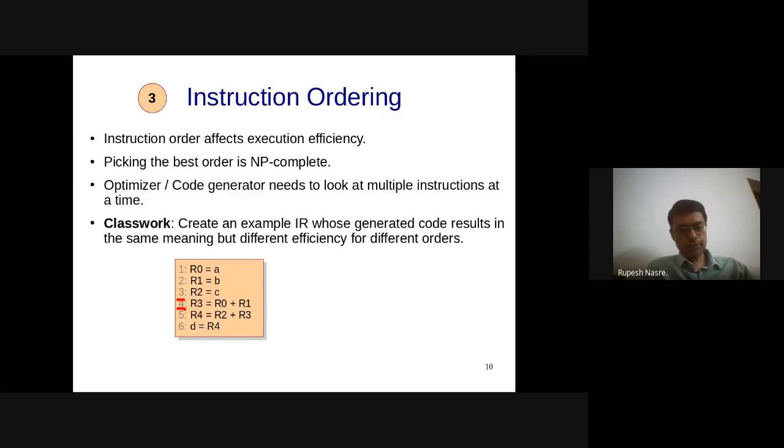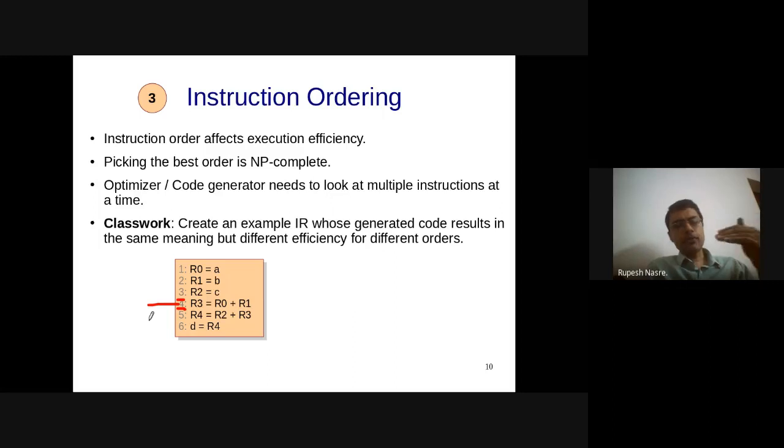Alright, so we can reorder 3 and 4, and the effect of that is that the semantics remain the same, but now R0 plus R1 I can push into, let's say I have used R3. R2 I have not used so far because that instruction 4 is getting executed first, right? Or I can replace it with R2 equal to R0 plus R1. And now after this, R0 and R1 are unused.